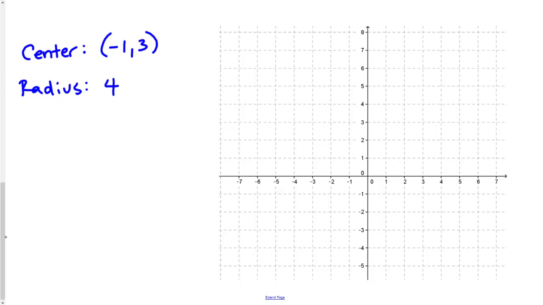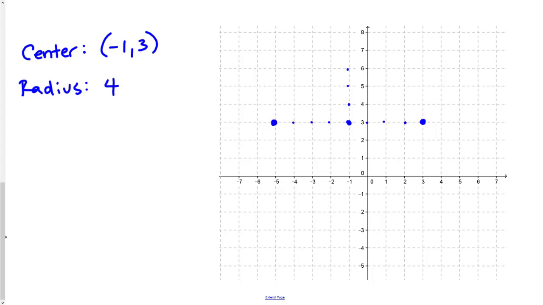So what I need to do then is locate my center. So negative 1, 3. That's at this point right here. Now I'm just going to go 4 units to the right. 1, 2, 3, 4. That's another point on my circle. 4 units to the left. 1, 2, 3, 4. There's another point on my circle.